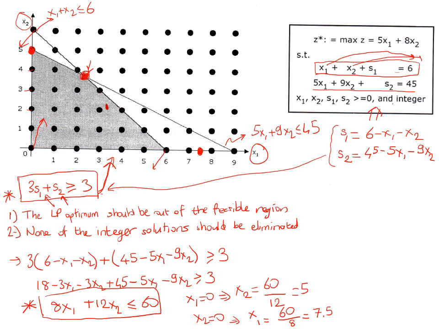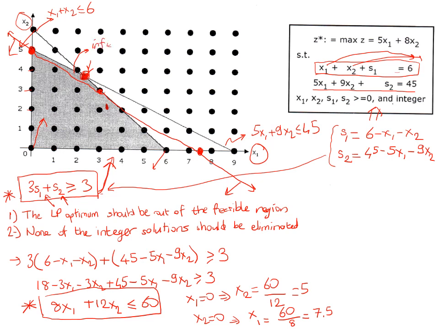Again, we will start from here and move like this and through this one. It will be a line like this, and we are going to select this part of this line, less than or equal to. And you see this portion over here now is out of the feasible region.